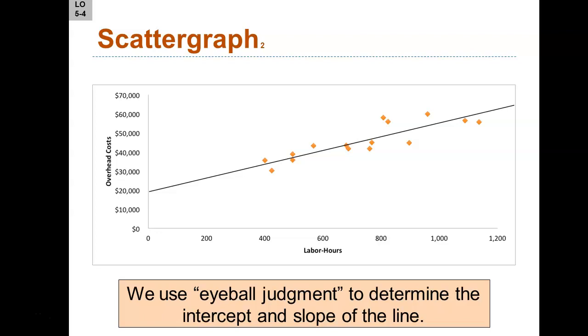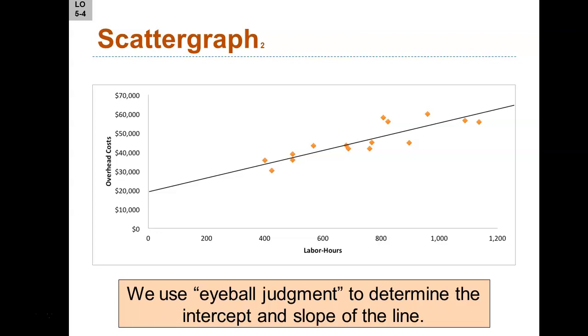How closely do these different points line up to that straight line? The closer they are to the straight line, the stronger the relationship. You can see a few outliers here on the upper part, and a few outliers on the bottom. But for the most part, there seems to be a very solid relationship.